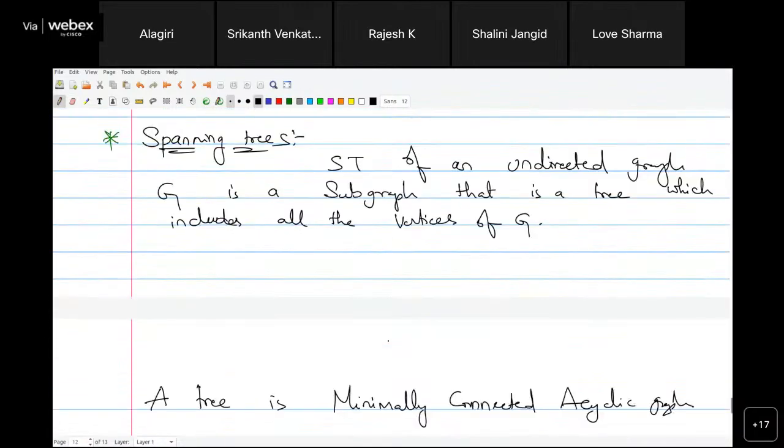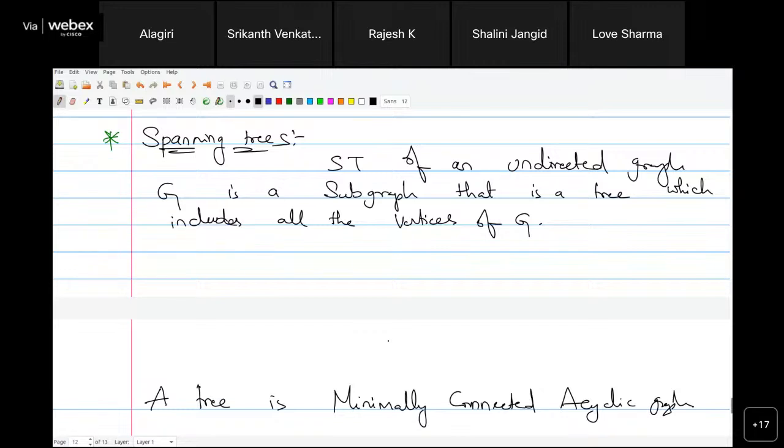And what we require is, out of a big given undirected graph, we are going to pick a subgraph. By removing a few edges, we are going to get a subgraph that is a tree. We shouldn't remove vertices. All the vertices should be there.